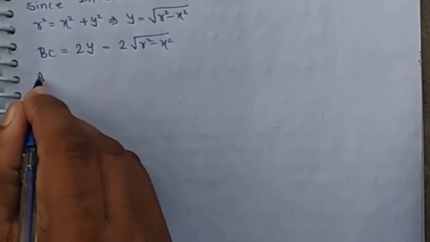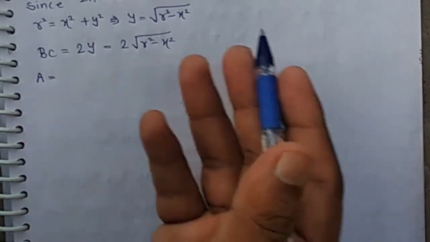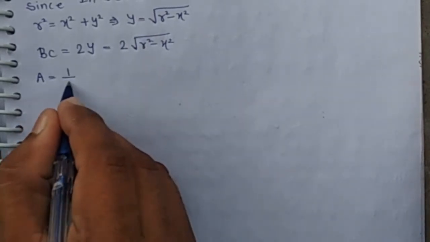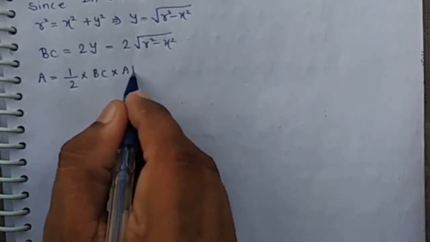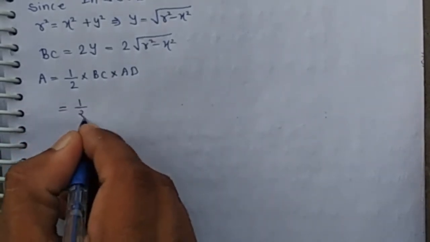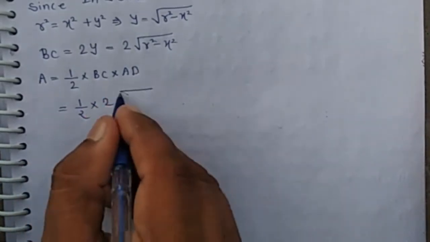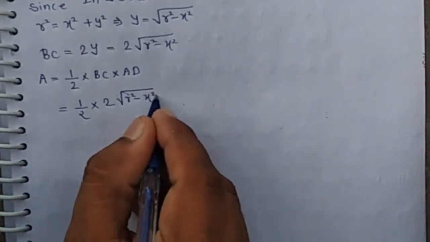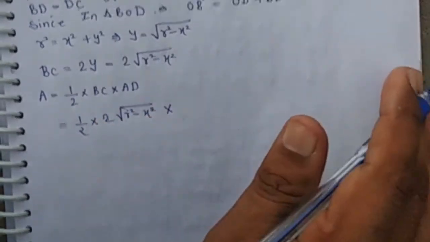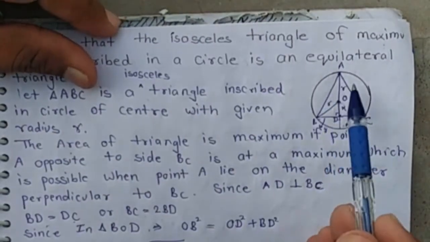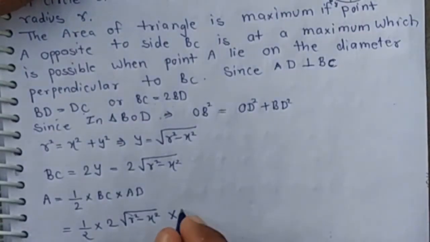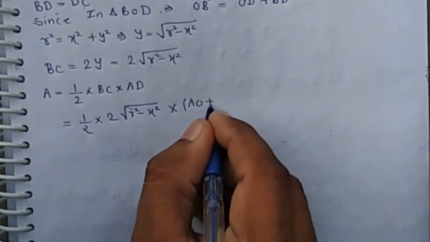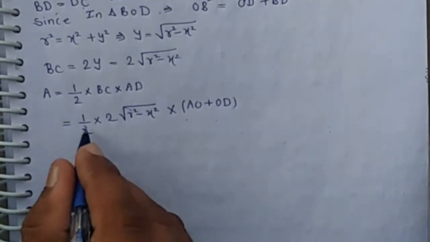Then the area of the triangle, since it is an isosceles triangle, is 1/2 base into height, BC into AD. BC is given as 2 into square root of R square minus X square, and AD is the sum of AO plus OD. The 2 cancels out.